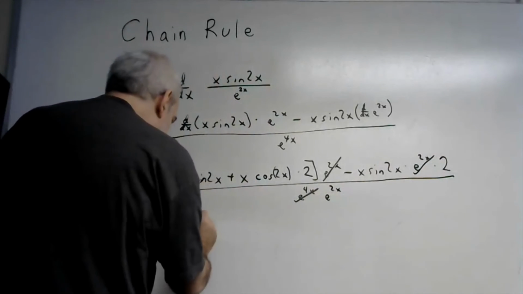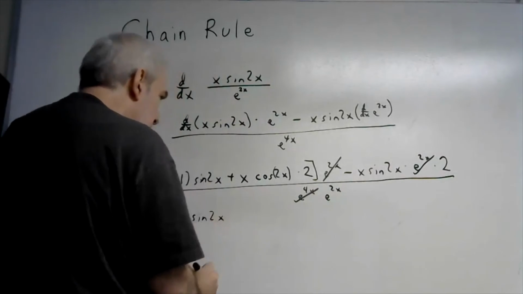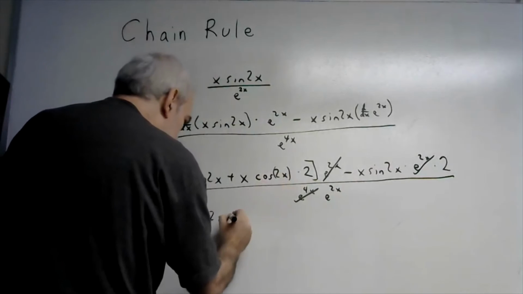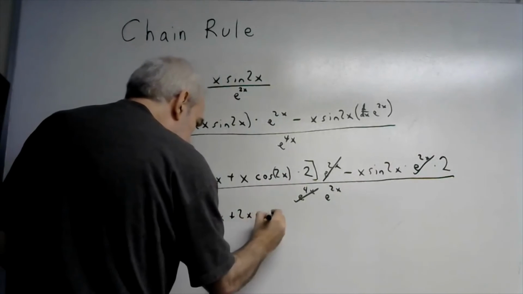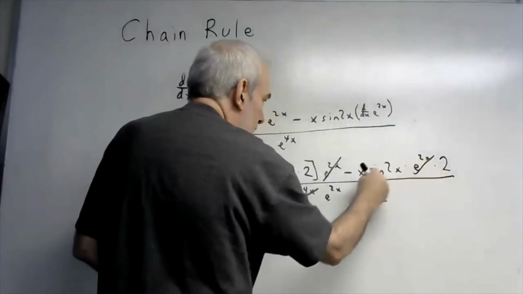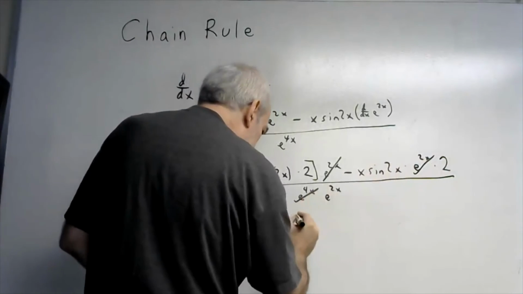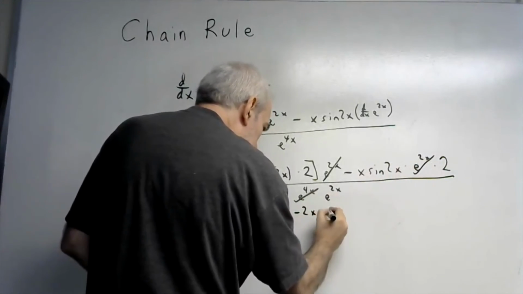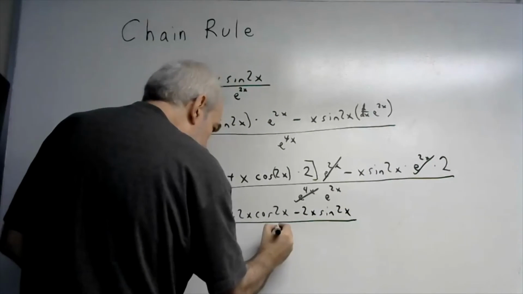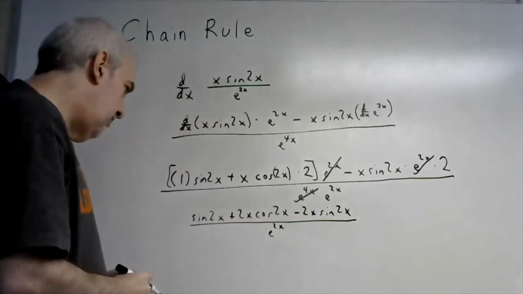We have 1 times the sine of 2x plus 2x cosine 2x minus 2x sine 2x, all over e to the 2x.